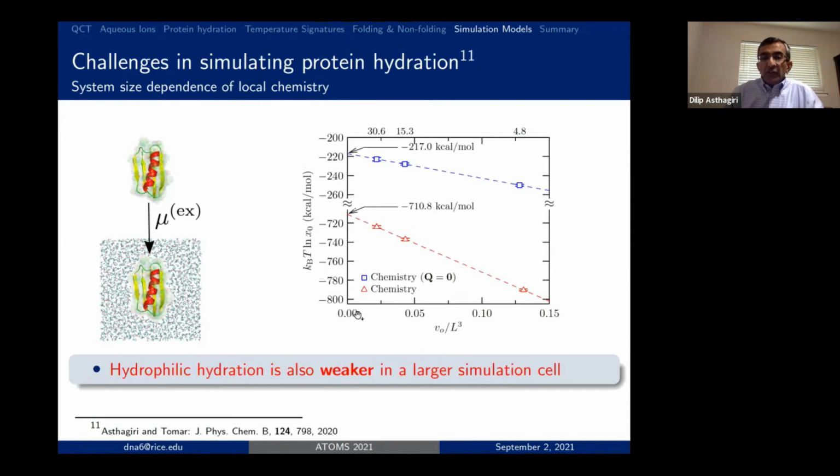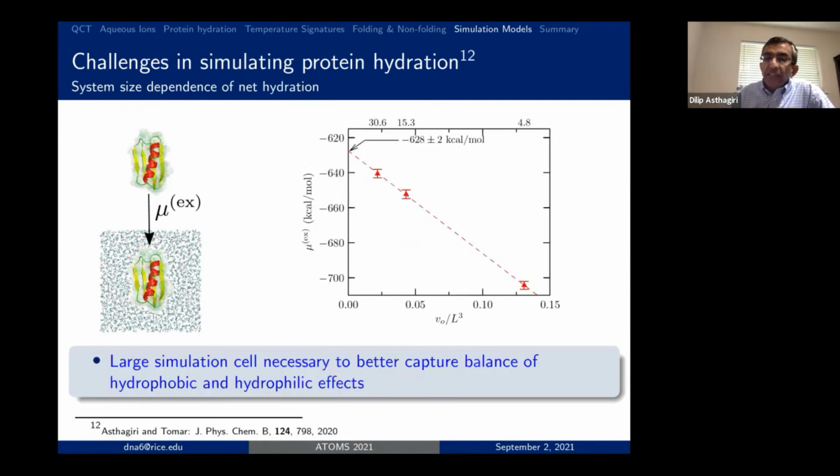And conversely, hydrophilic hydration also becomes weaker. This is the trend that was playing havoc in our calculations. So the important point here is a fairly large simulation cell would be necessary to better capture the balance of these effects for such a big object.